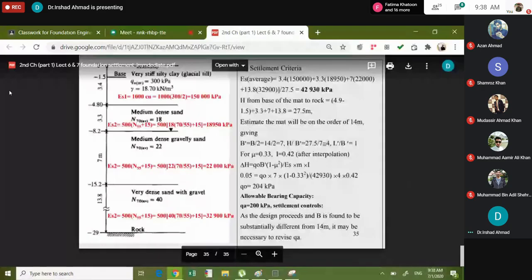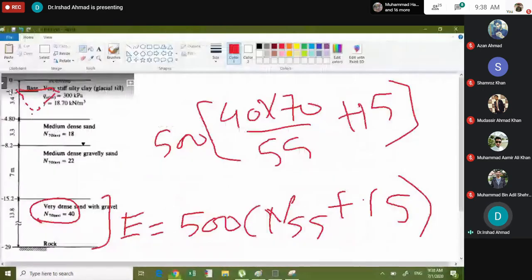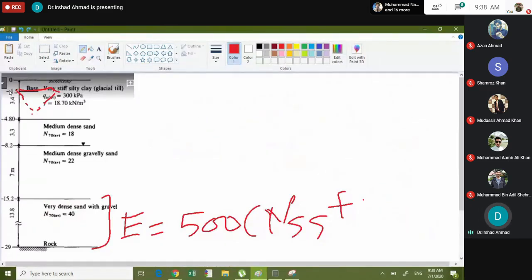This will give you E in kPa units. So you apply this equation to all the layers of sand or gravelly layers.